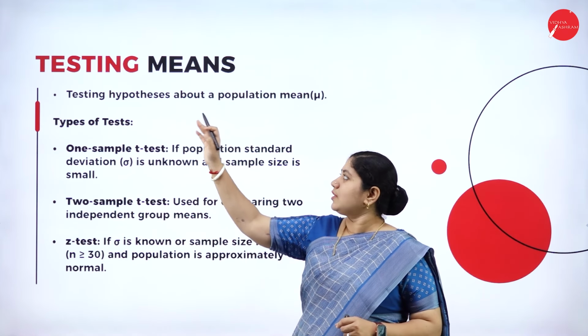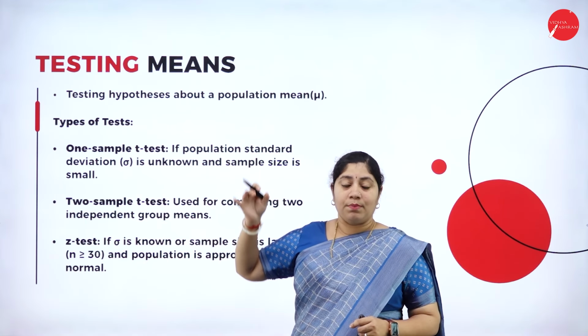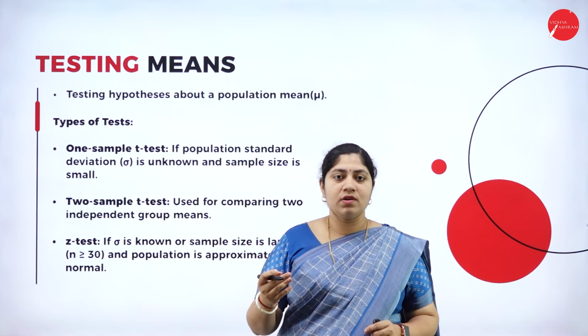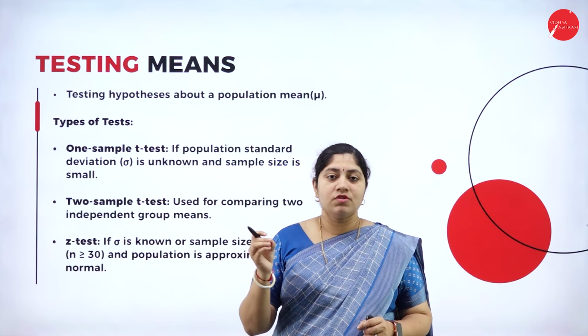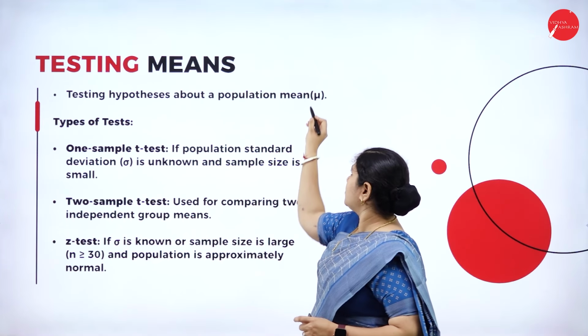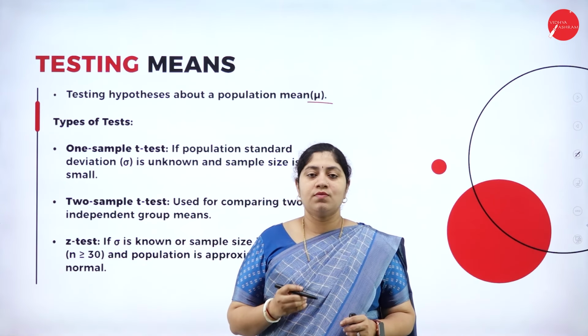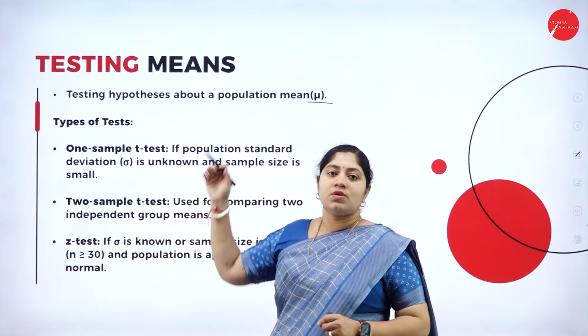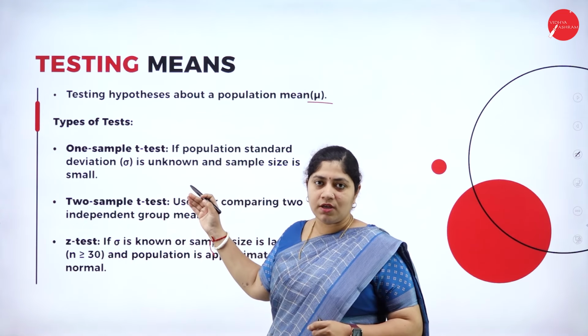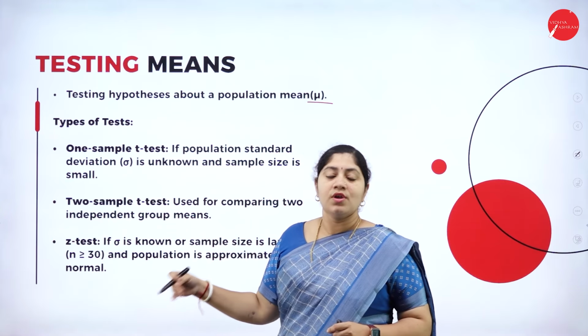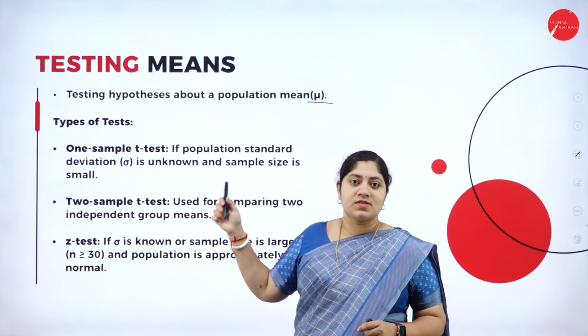That is nothing but testing mean. In order to calculate the population mean, which is represented by the mu symbol, we have different types of tests. So let's understand these tests.